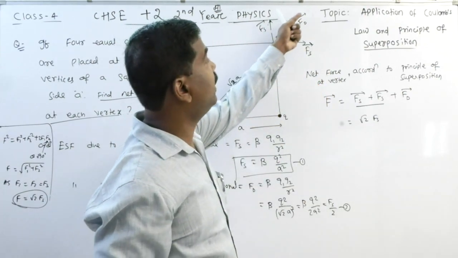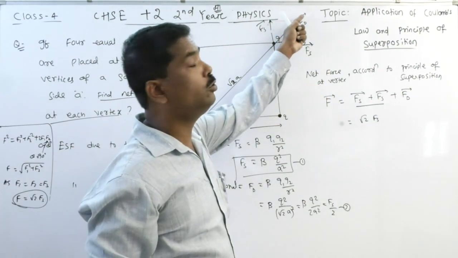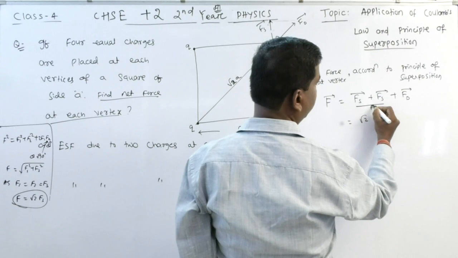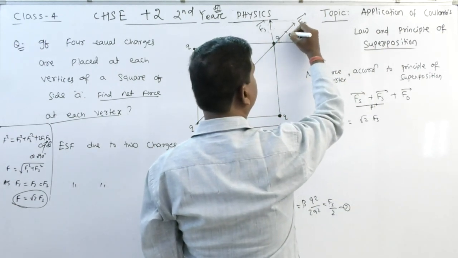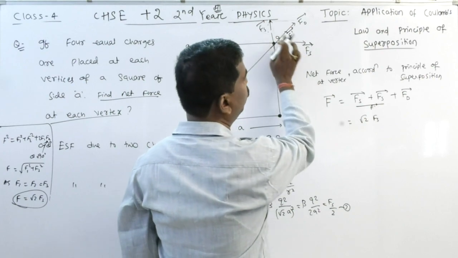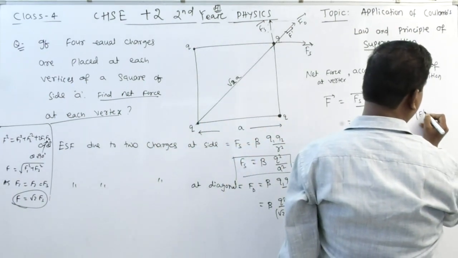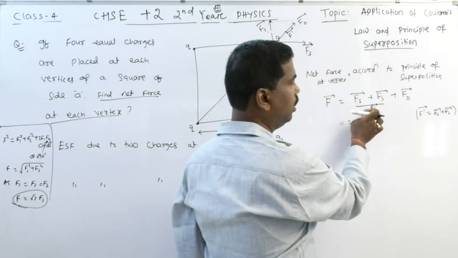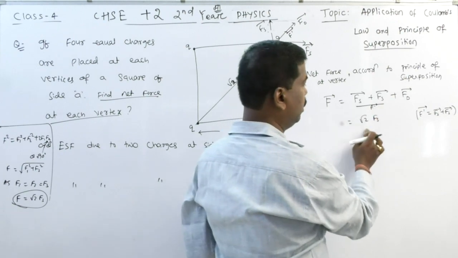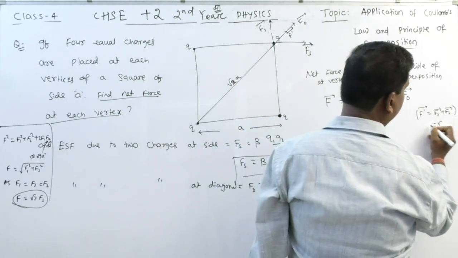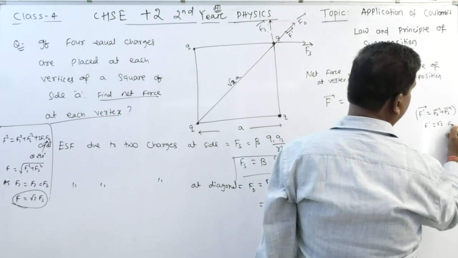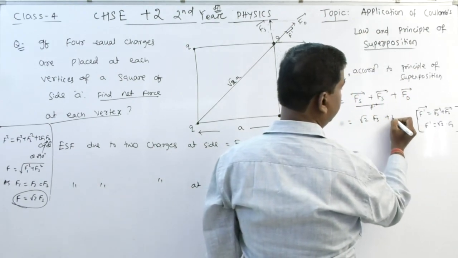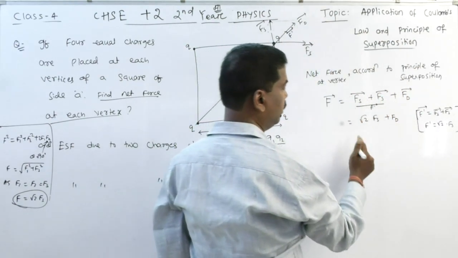The resultant will be along that direction, and the force due to the diagonal is also along that direction. So let the resultant of these be F dash vector. These two Fs vectors when superimposed give F dash vector, which is equal to Fs vector plus Fs vector. So F dash is found to be root 2 Fs plus Fd, because both are in the same direction.